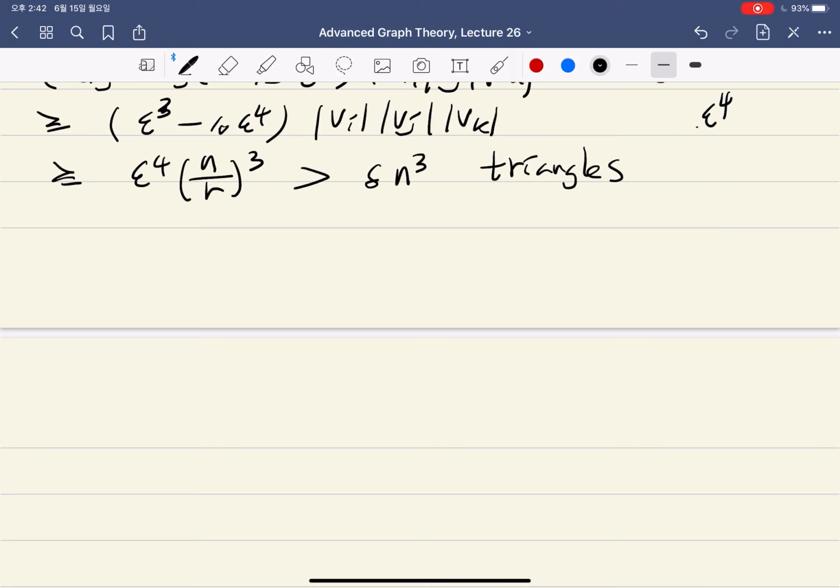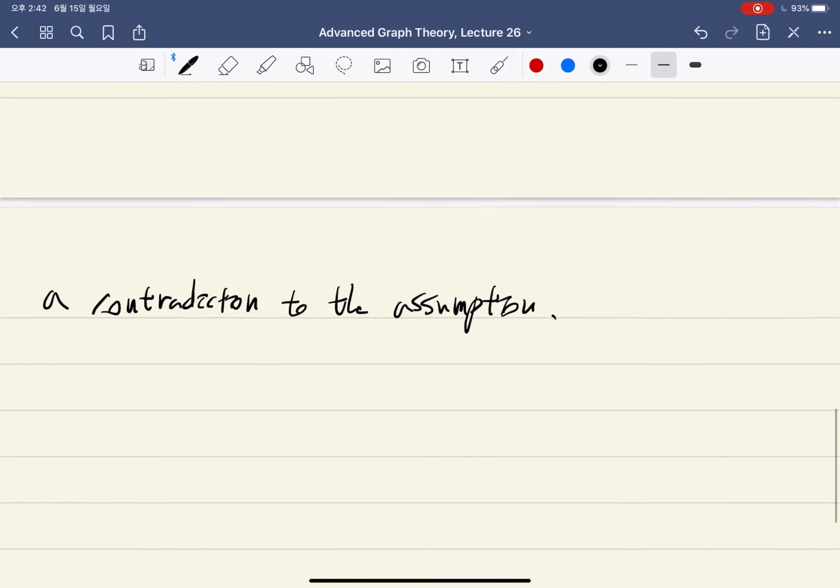So this means a contradiction to the assumption. So R, this reduced graph, does not contain a triangle.